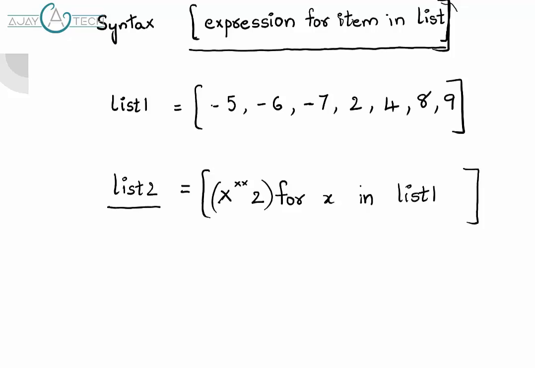So this means the for loop retrieves every element in list 1 and then squares the element and adds it to list 2. Execute this expression in Jupyter Notebook.